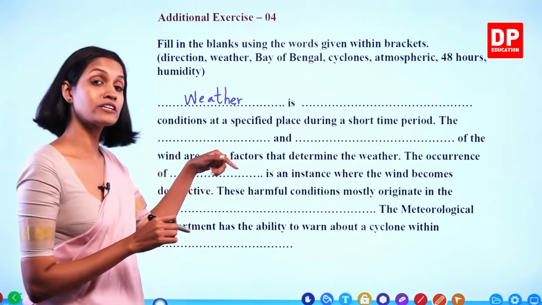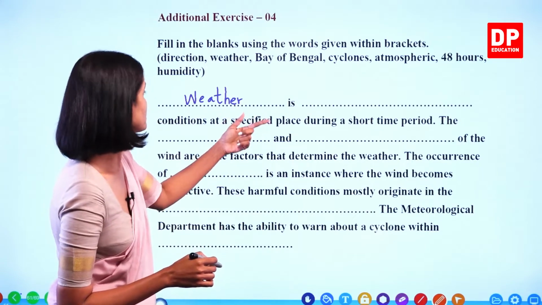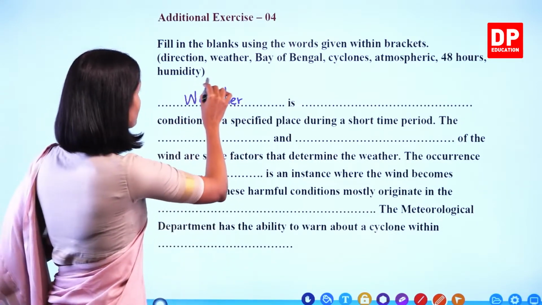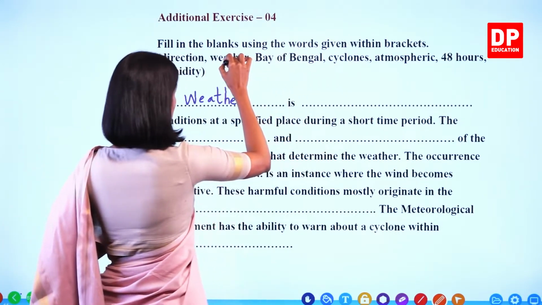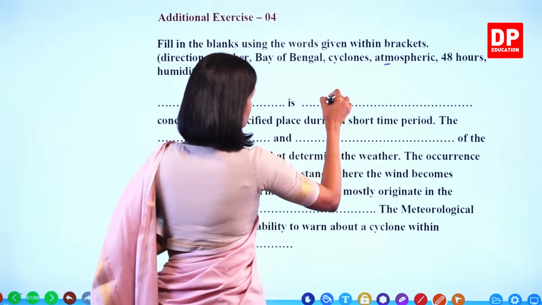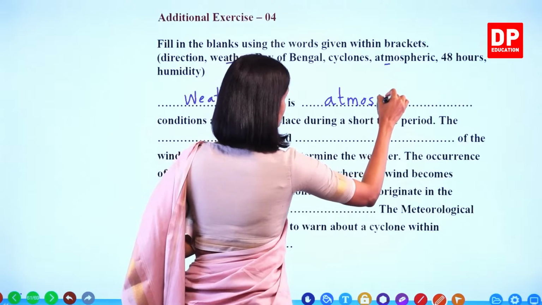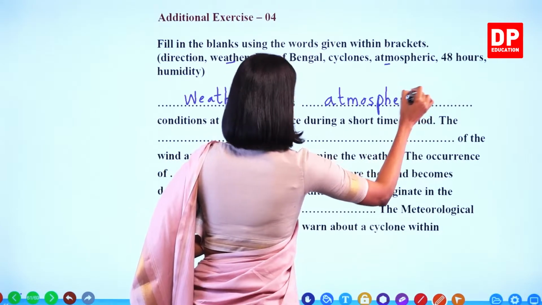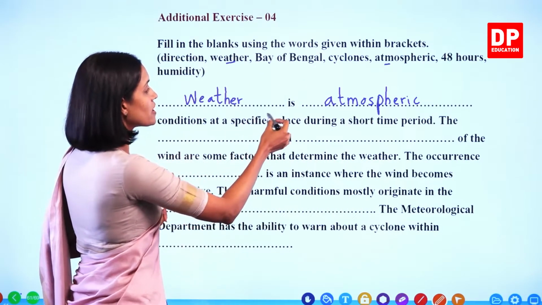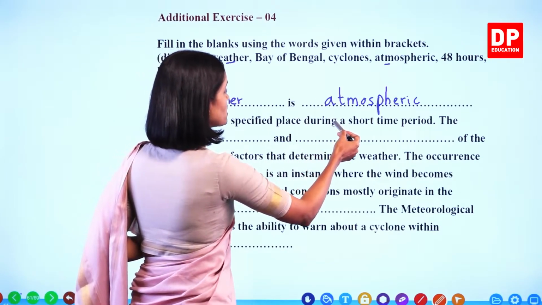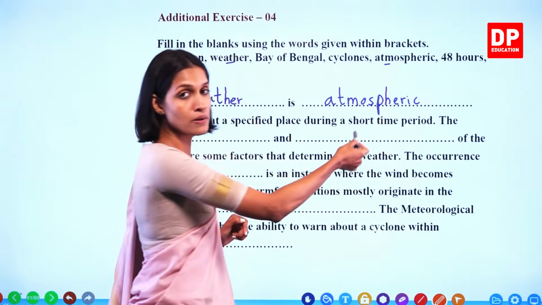Weather is what conditions, children? Atmospheric conditions. Weather, atmospheric conditions at a specified place during a short time period.